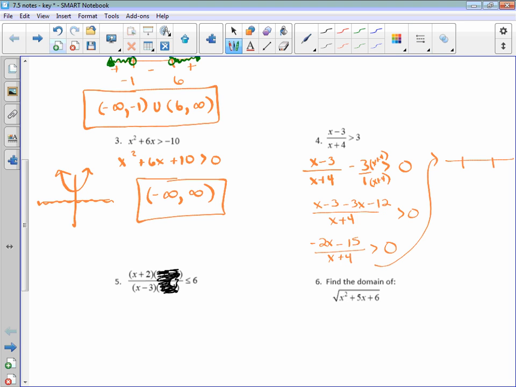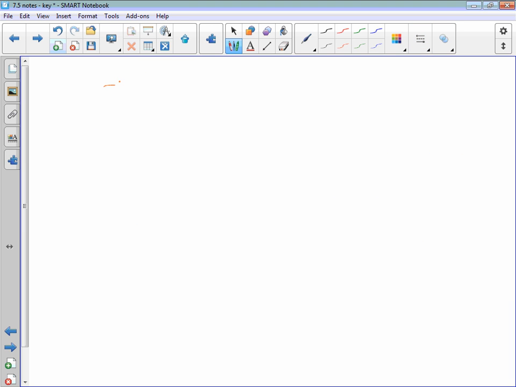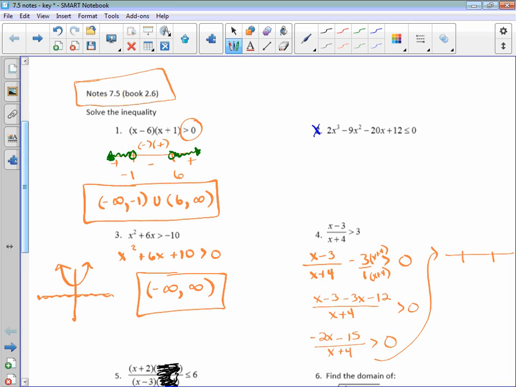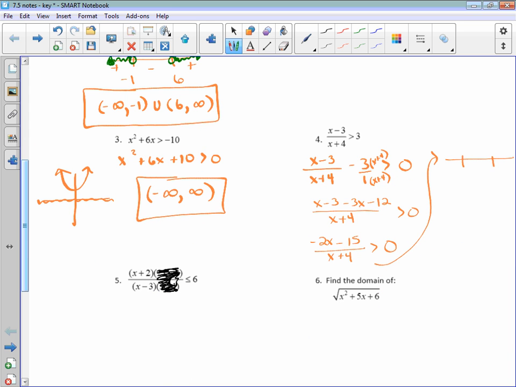Because think, if you actually did negative 2x minus 15 equals 0, right? You guys see that? Okay. So on my number line, remember you have to put them in order. So the negative 15 over 2, that's negative 7.5, right? That's going to come first. And then negative 4.